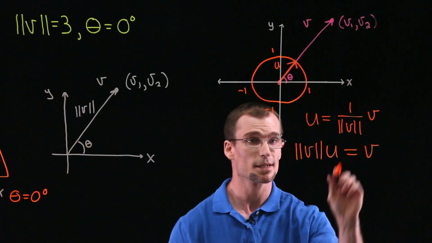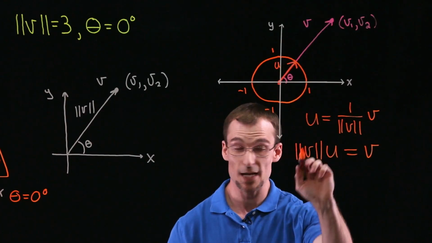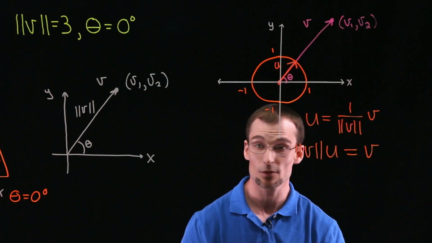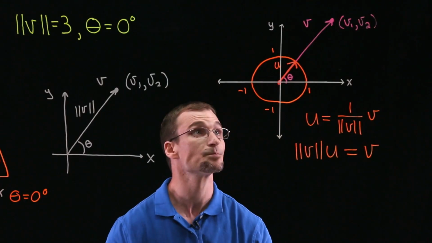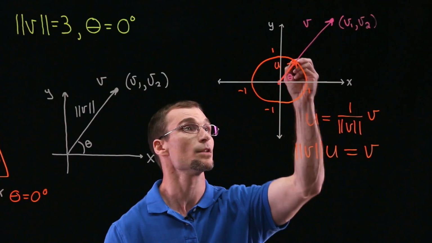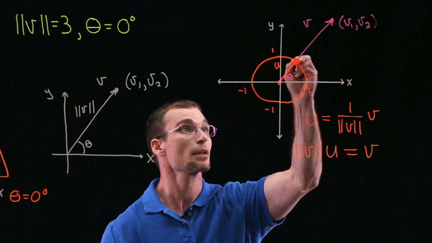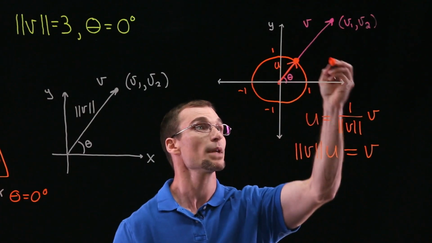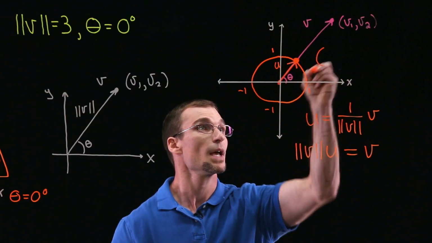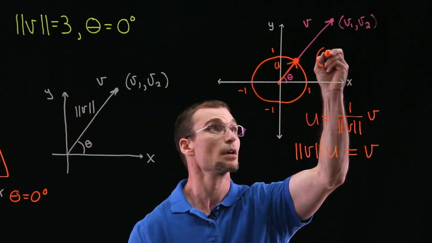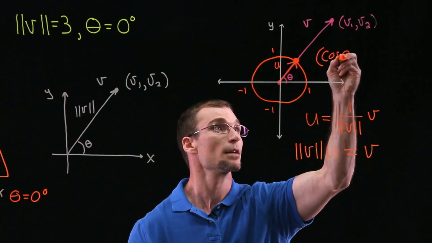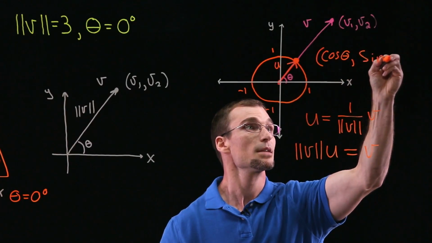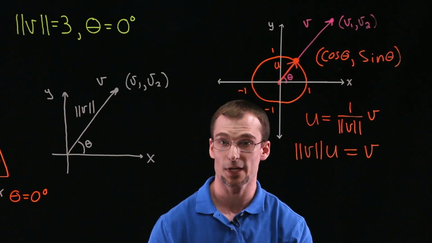Looking at this, we're given the magnitude of v, so all we need to do is find u. One thing we remember from trigonometry is that when we're looking at the unit circle, any point, or the terminal point of our unit vector, can be written with x value as the cosine of the angle theta and y value as the sine of the angle theta.